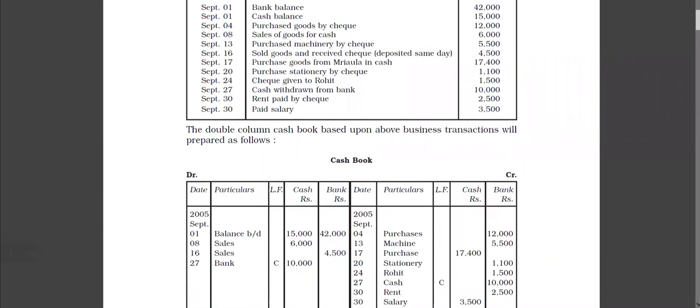Bank balance 42,000, cash balance 15,000, purchased goods by check 12,000, sale of goods for cash 6,000, purchased machinery by check 5,500, sold goods and received check 4,500, purchased goods from Mithula in cash 17,400, purchased stationery by check 1,100, check given to Rohit 1,500, cash withdrawn from bank 10,000, rent paid by check 2,500, paid salary 3,500.